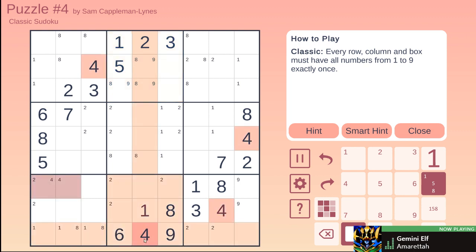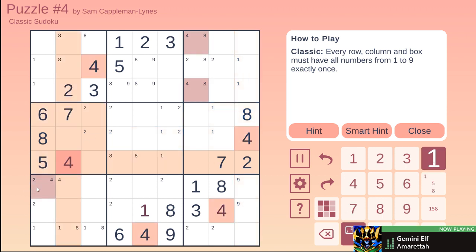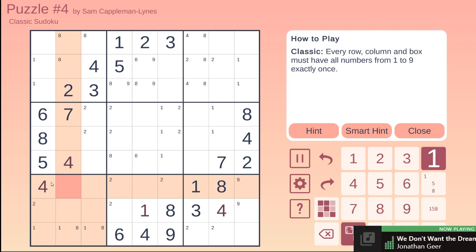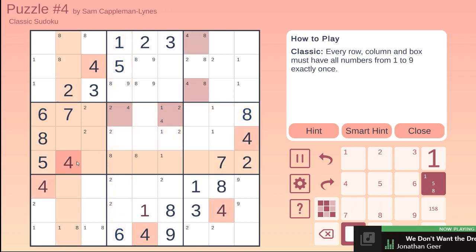4s. Yes. In this box, one of these has to be a 4. And this has to be a 4, which means this also has to be a 4. One of these is a 4, for sure.